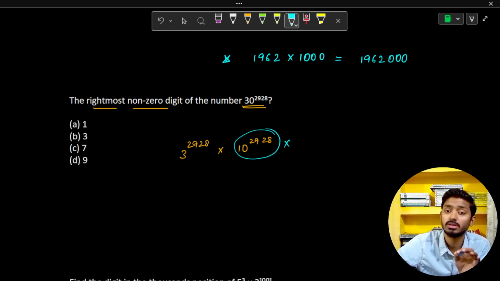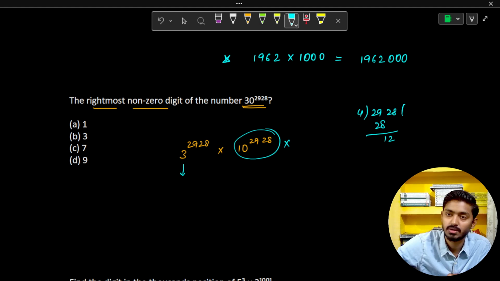We don't need to find the 0 digits. We are supposed to find non-zero digits. We'll talk about this one. We need to divide 2928 by 4. That would be 28 and 12 cancelled, 8 would as well be cancelled. So this gets completely divided.